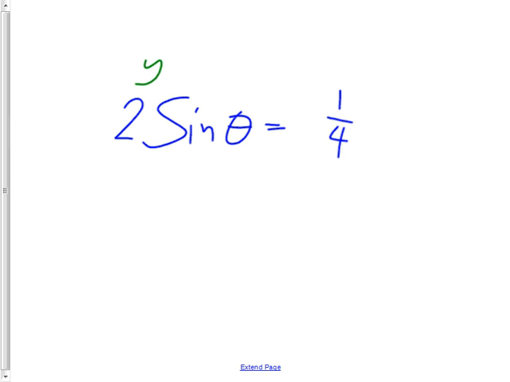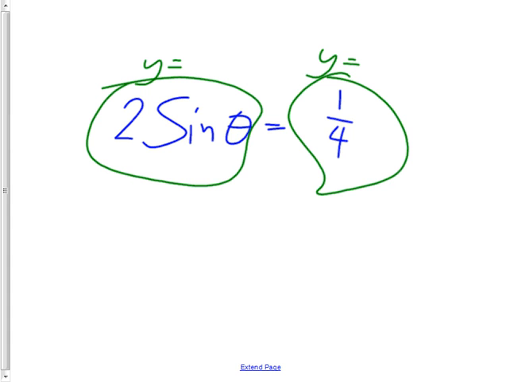I can graph y equals this, I can graph y equals that, and I can see where they cross. That'll give me the answer. Okay? So even if you don't really know what it means, it's a way to get the answer. And I'm not suggesting that it's a great method to just do something you don't understand. You should understand that any equation can be graphed, and if two graphs cross, that's the solution to them typically.